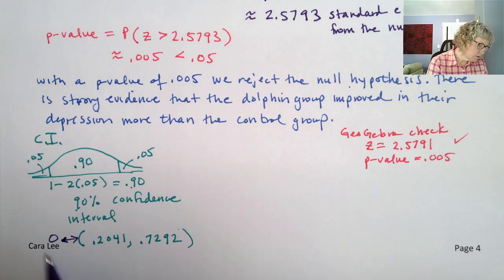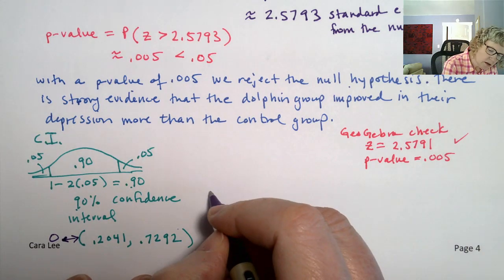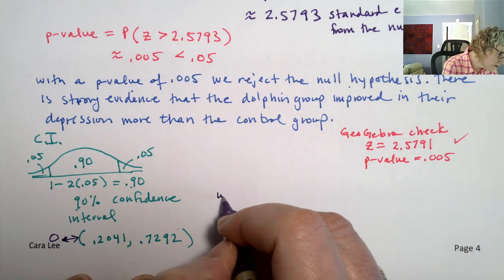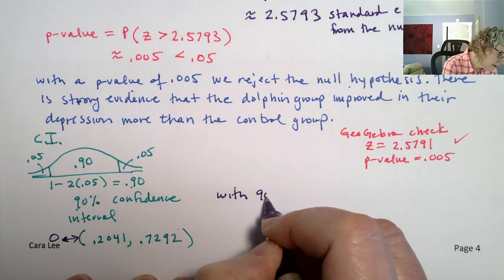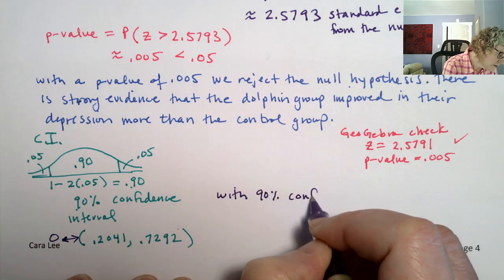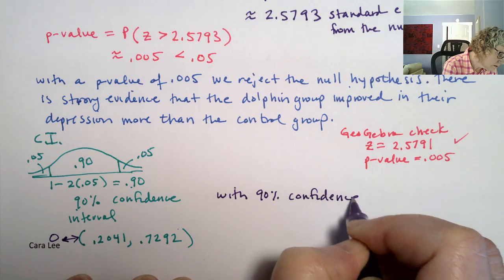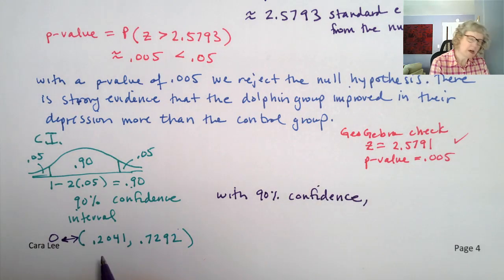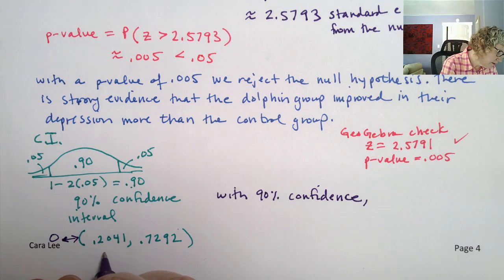So let's write that down. So they do agree. So we could say with 90% confidence. And we could also practice this on StatKey as well. With the bootstrapping, it should come out pretty similar. So I'll write that this is from GeoGebra.